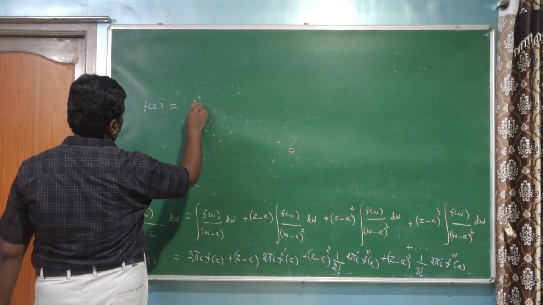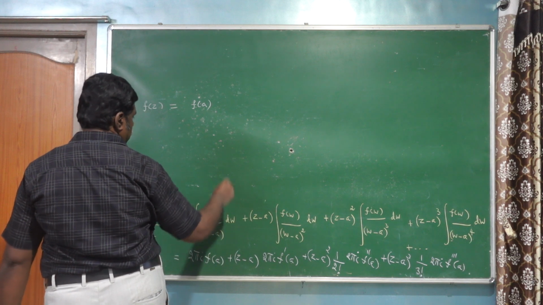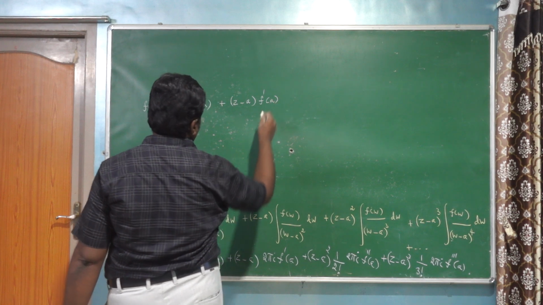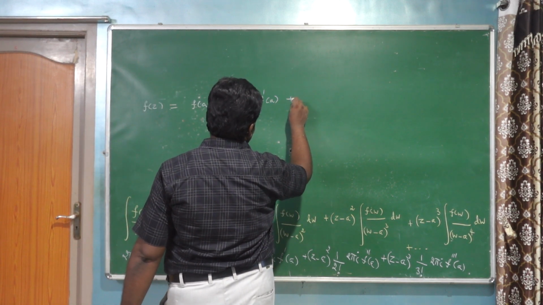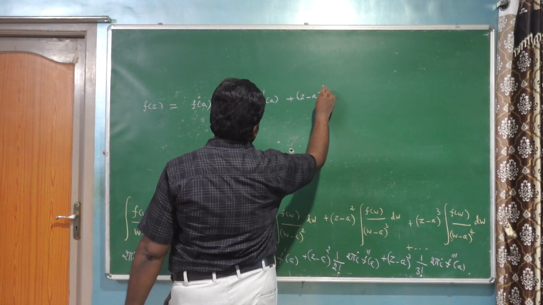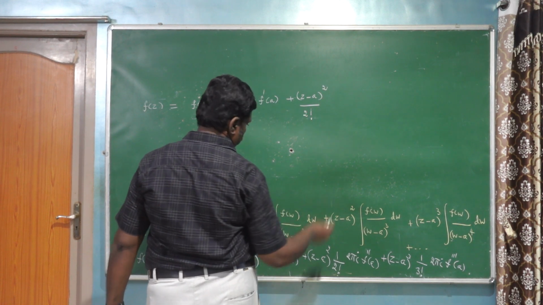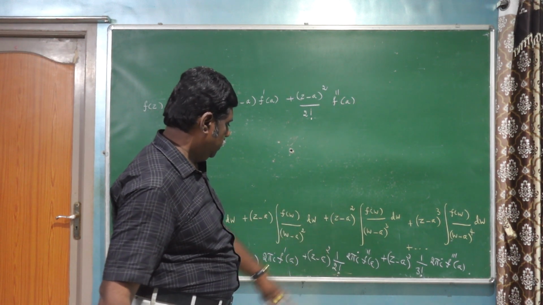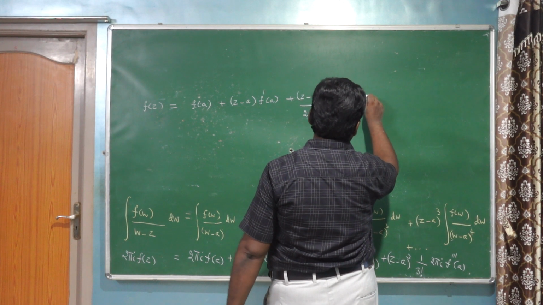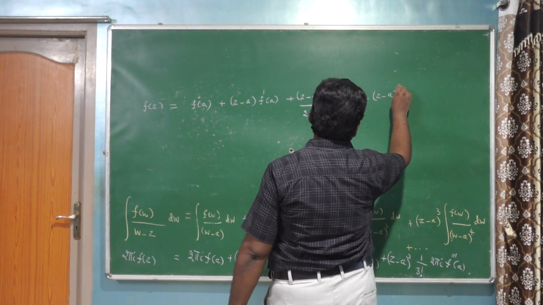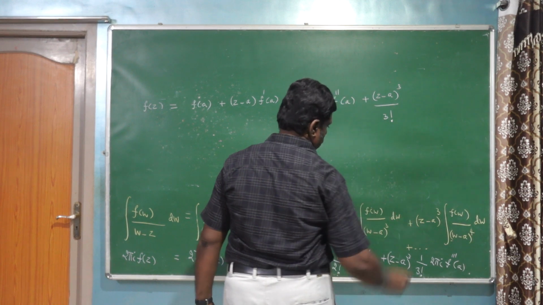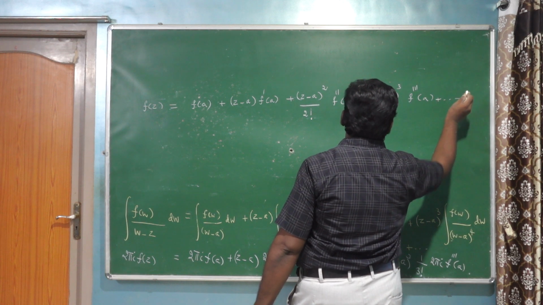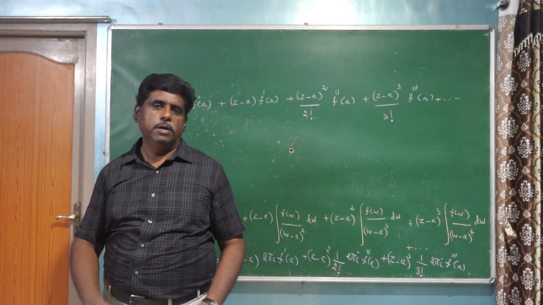Here, if you cancel 2 pi i, f of a will be the first term, plus (z minus a) f dash of a, then plus (z minus a) whole square divided by 2 factorial, f double dash of a. The next is plus (z minus a) whole cube divided by 3 factorial into f triple dash of a, and the series goes on. That's all about our Taylor series.